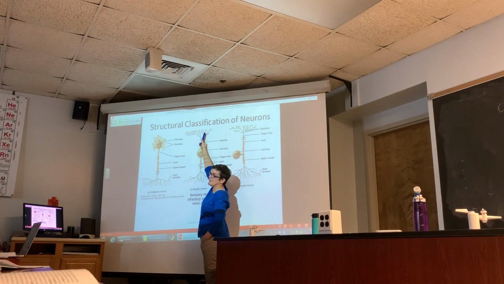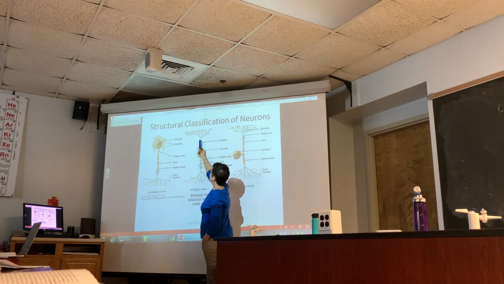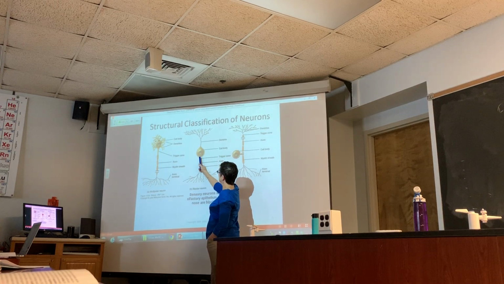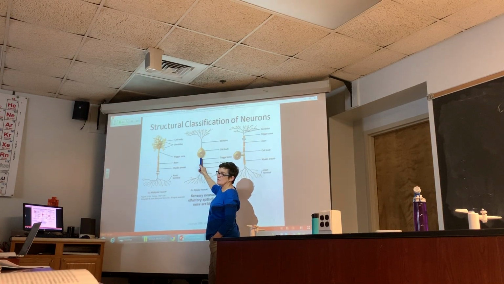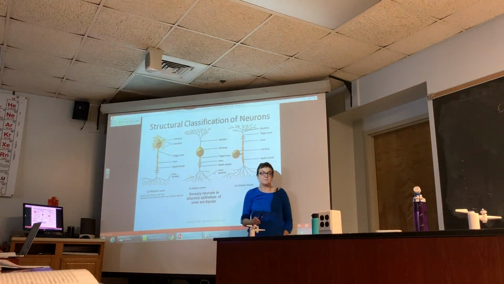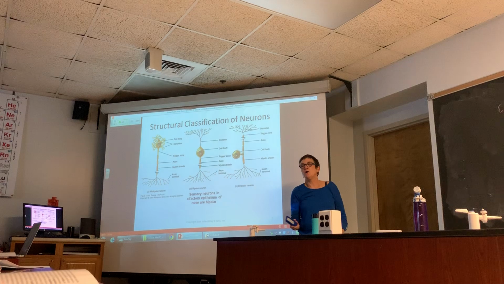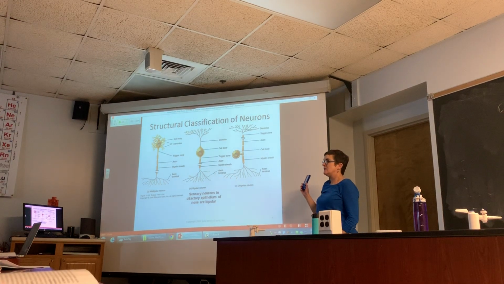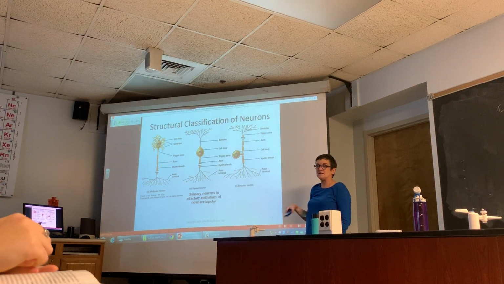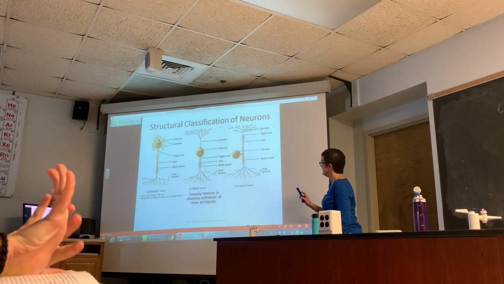When the cilia get stimulated, you get a generator potential that travels down to the trigger zone, and if you reach threshold, you're going to get an action potential. And again, the threshold for stimulation is lower in the special senses compared to somatic senses, so it doesn't take much to get that action potential stimulated.